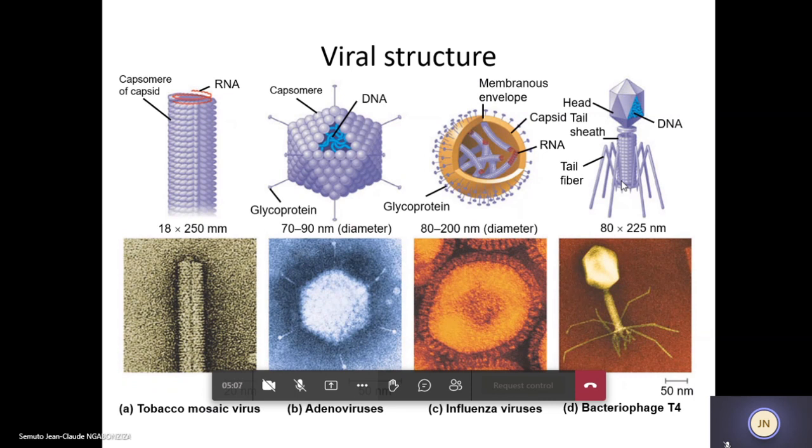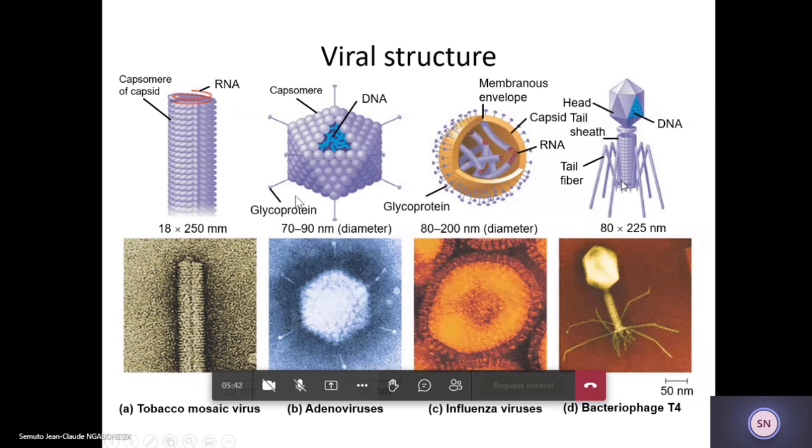As for viral structure, I think you have gone through this. We have the genetic material inside always, and there is the outside, what we call the capsid, which is made of capsomeres. This is for all viruses. The nucleic acid is protected by this capsid shell.